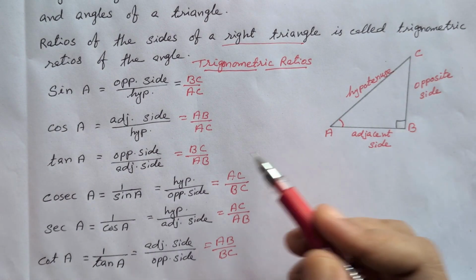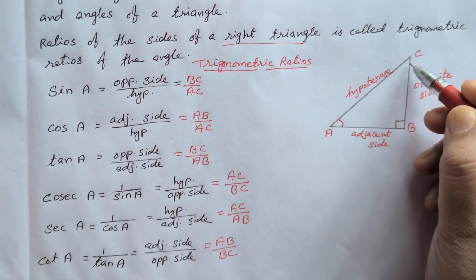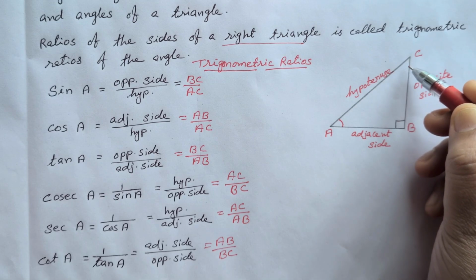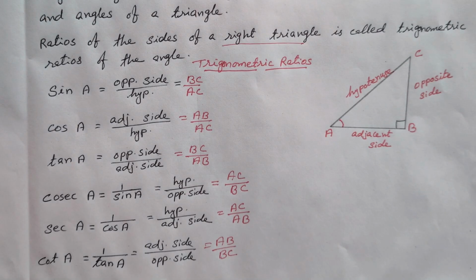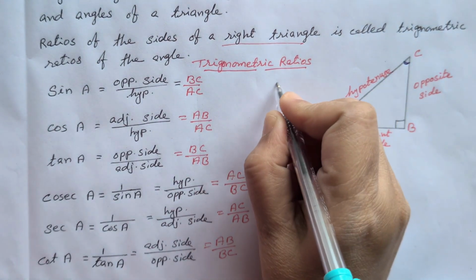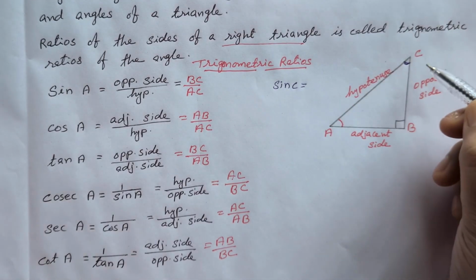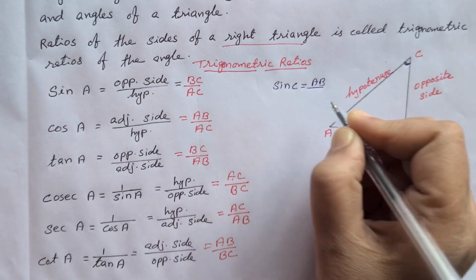The 2 acute angles are here, and we saw all of this based on angle A. Same way we can write based on angle C also. Sin C is opposite by hypotenuse. Opposite side of angle C is AB, so sin C is AB by hypotenuse AC.